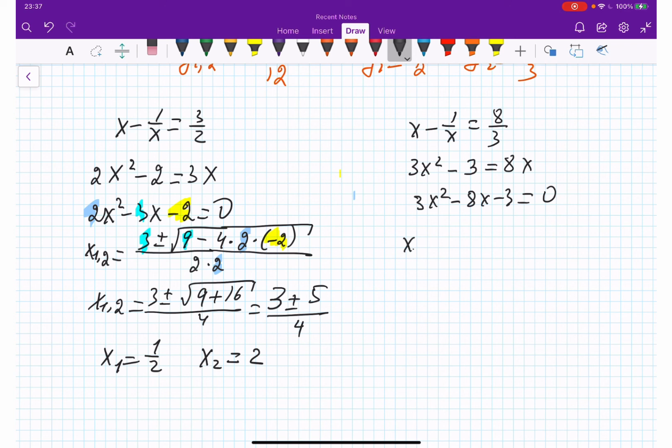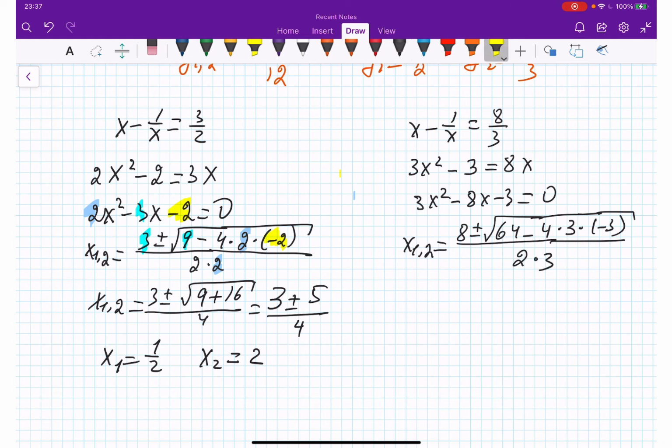Solving this one also real quick, and we are getting positive 8 plus minus square root of 8 squared minus 4 times a, which is 3, and times c is negative 3, and dividing by 2 times a, 3. Okay, real quick coloring.